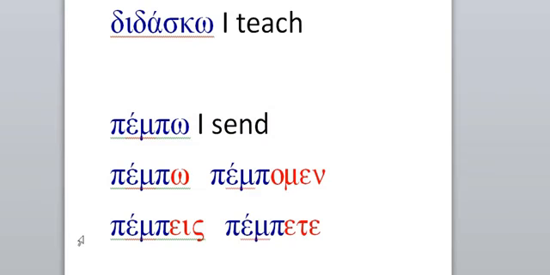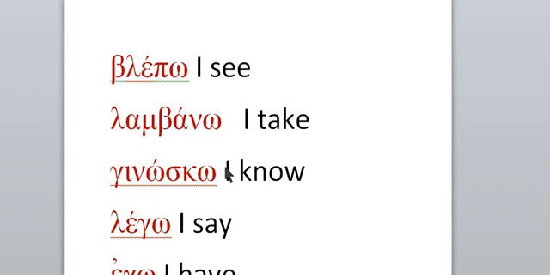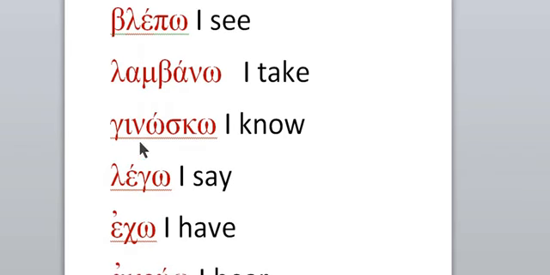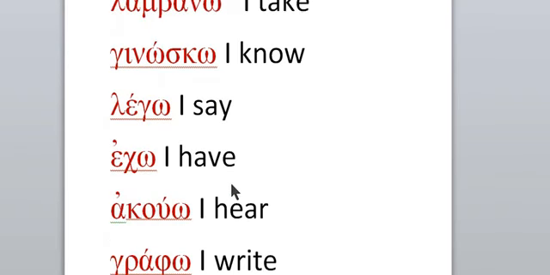Okay, now let's go to the next section. Now here is the list of verbs that you have to write. First one is bleppo, I see. Already you have written it, but write it one more time. Then lambano, I take. Ginosko, I know. Lego, I say.